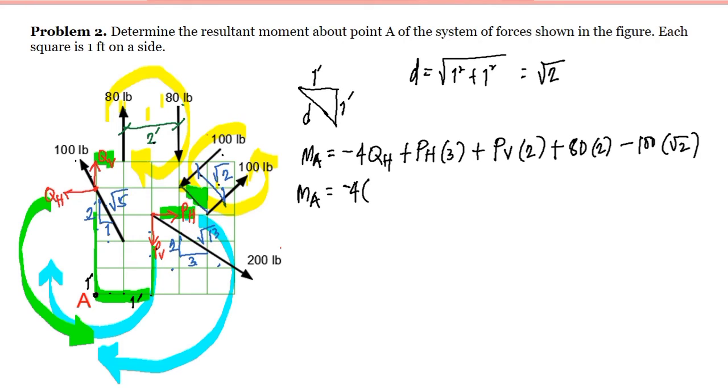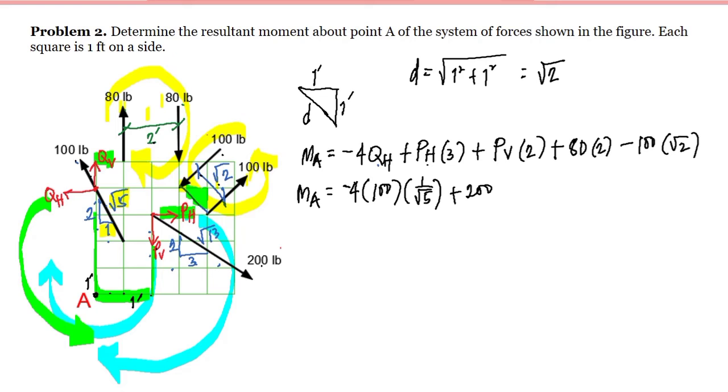So it would be the magnitude of the force Q, so that's 100, multiplied by, since this is the horizontal component, 1 over the diagonal, square root of 5. So we have here 1 over square root of 5. And for this, the force P is 200.